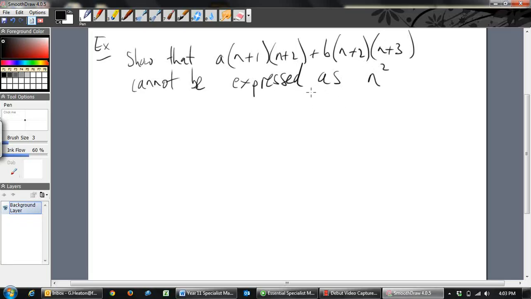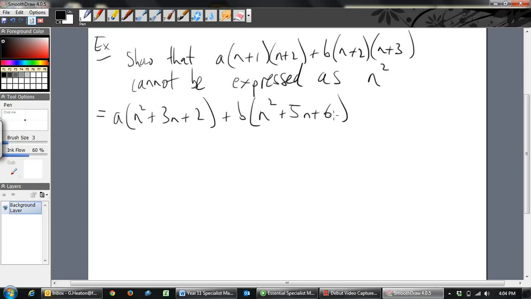Let's just see what happens when we try and do it, and hopefully you'll be able to guess. Firstly, let's expand all that. It equals, I'm not going to write it out again, I'm going to expand it out. So I've got A, now use FOIL in here. We've got n squared plus 2n plus 1n, so that's plus 3n plus 2, plus B, and then we've got n squared plus 3n plus 2n is plus 5n plus 6.